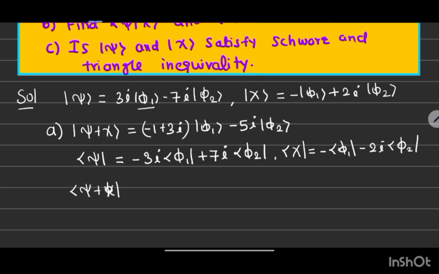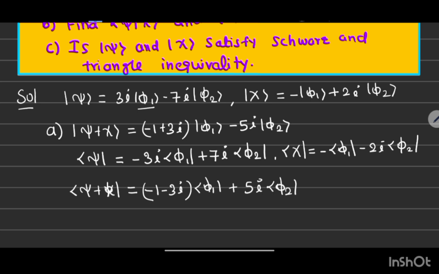Sorry, here it will be chi. Now what will be the addition? Minus 1 minus 3i times phi 1, 7i minus 2i, so it is 5i times phi 2.